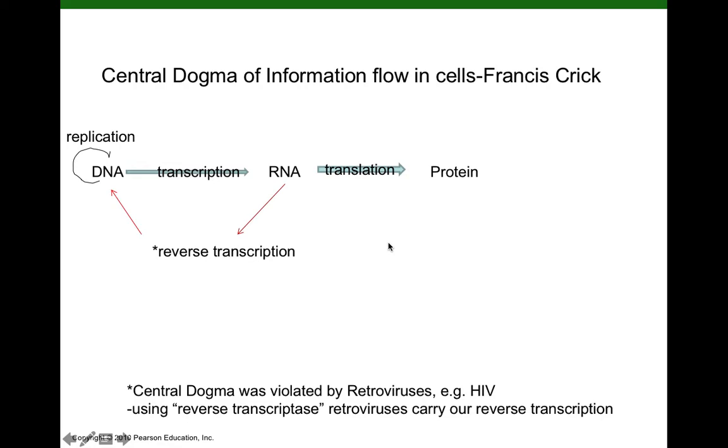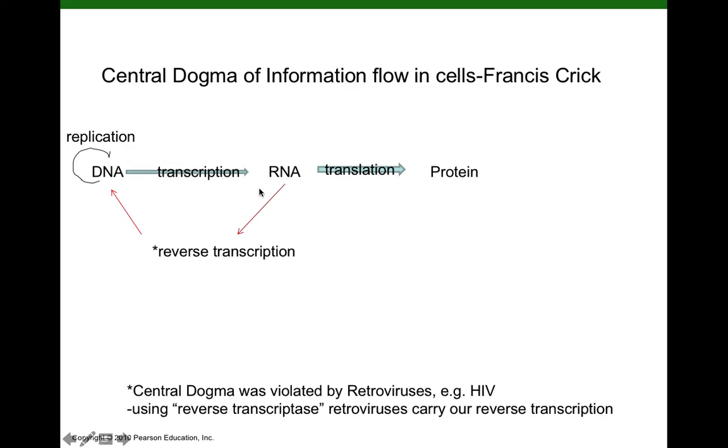Now, this is the flow of information in cells, but we always want to remember that viruses love to break all of our rules. When we get to the virus unit, we'll see that some viruses are RNA viruses called retroviruses, for backward viruses, the most famous one being HIV.